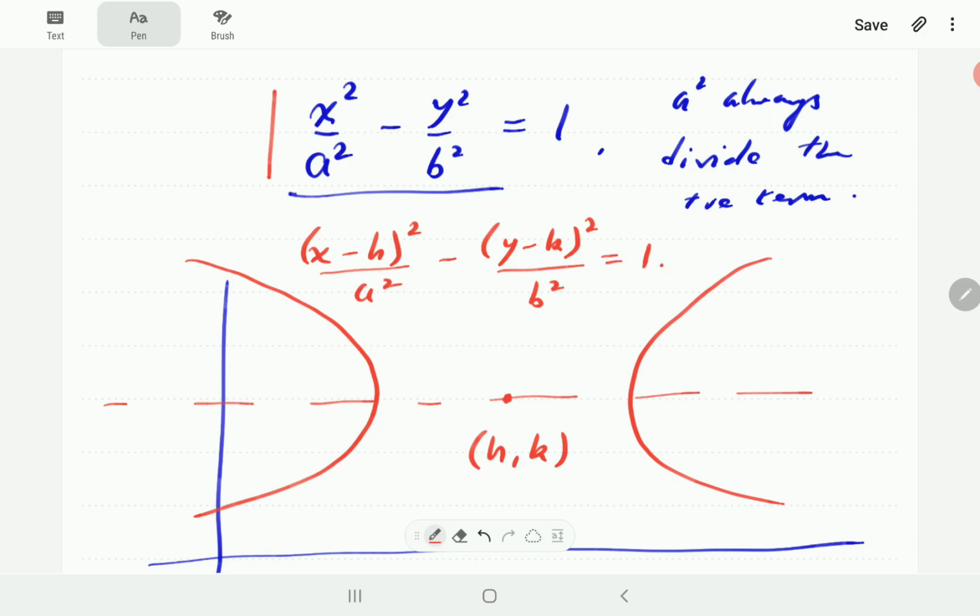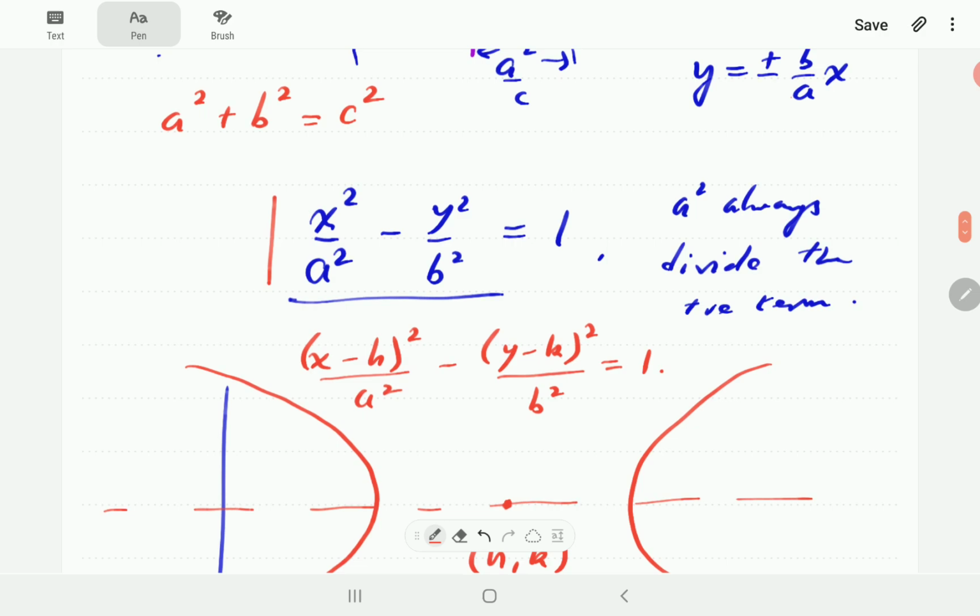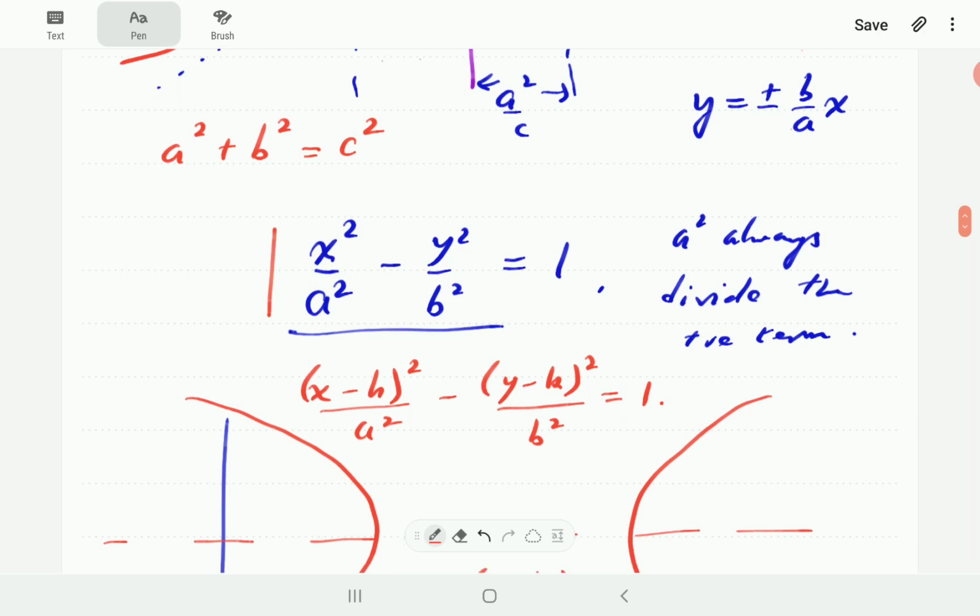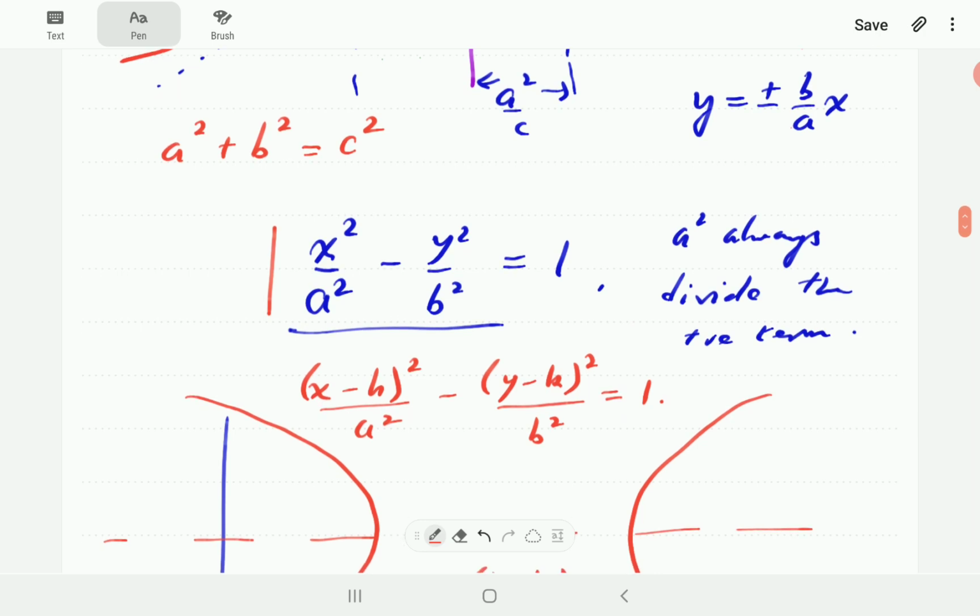So for every y we replace by y minus k. For every x we replace by x minus h.